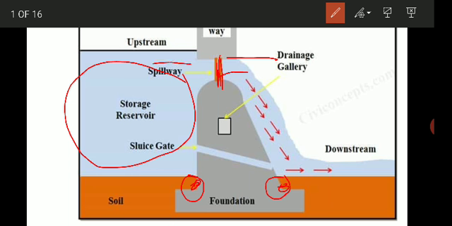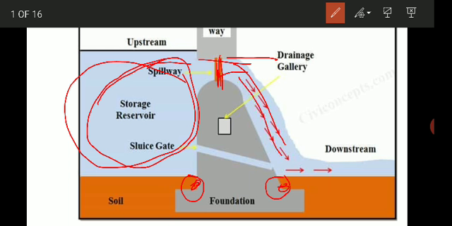If the storage in the reservoir is exceeded, then that excess water is sent to the downstream side through the spillways. So through spillways and gates, the flood water can pass through safely without causing any damage to the dam.